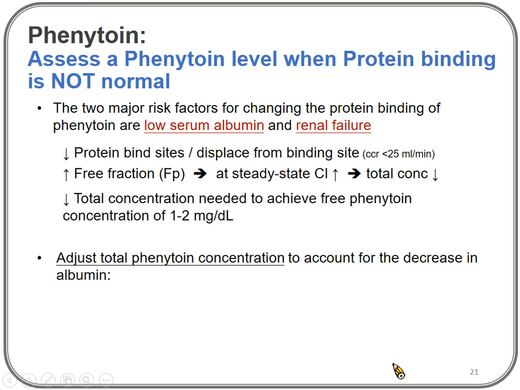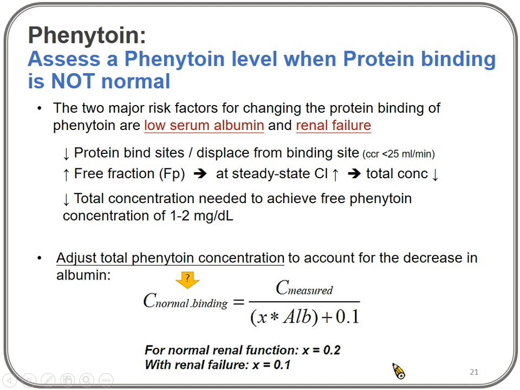The total concentration levels will not be as reliable as in the regular situation. So we have another calibration equation to address this condition, that is, to adjust a total phenytoin measured concentration to account for the decreased albumin.